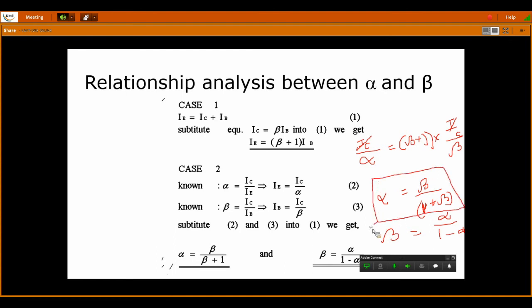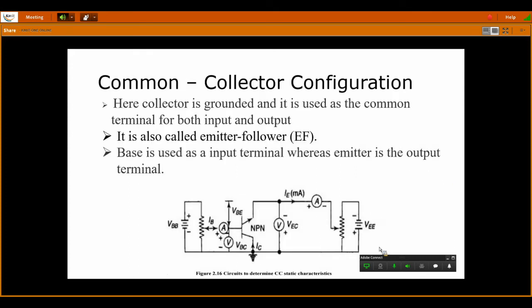From this equation we derive that beta is equal to alpha divided by 1 minus alpha. Like this, we have the relation between the common base current gain and the common emitter current gain, or the amplification factors.